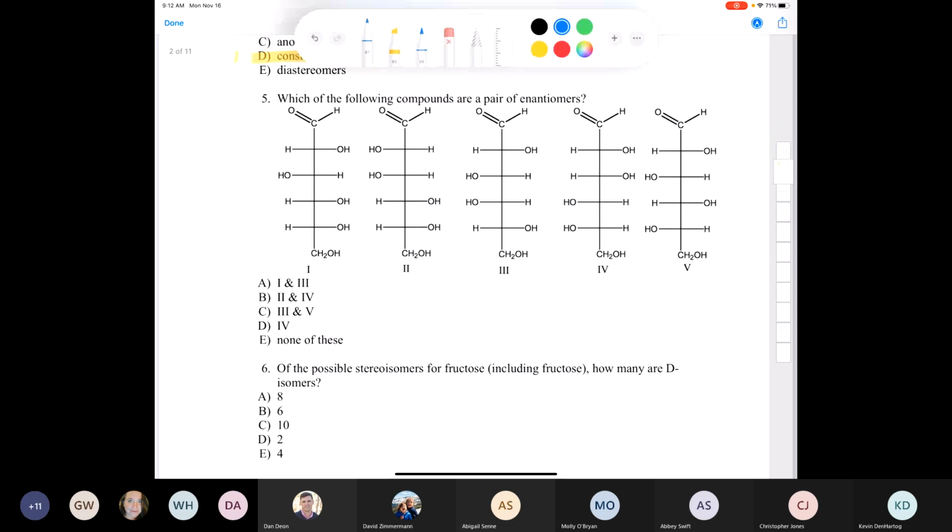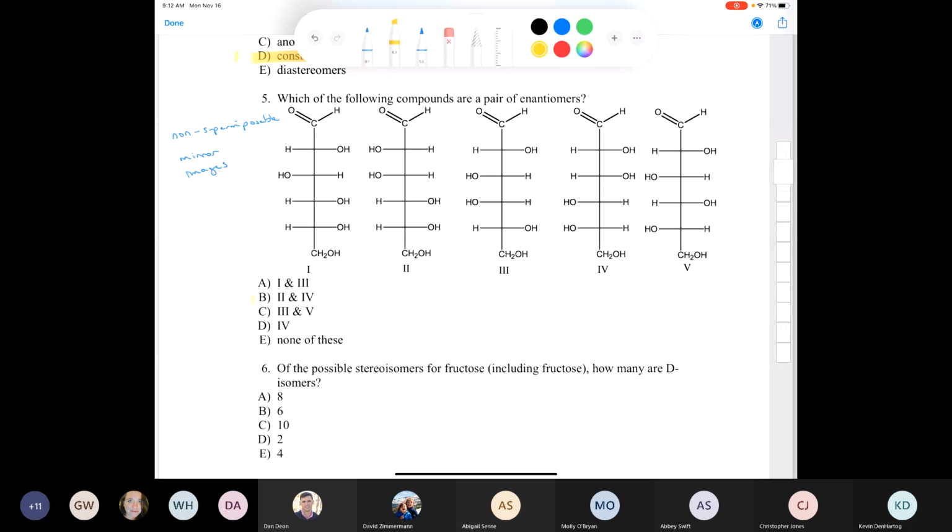Which of the following compounds are mirror images, are enantiomers of each other? Getting ahead of myself here. So we're looking for non-superimposable mirror images. I'll give you a second to try to find out which ones are which. Yeah, Winona's got it.